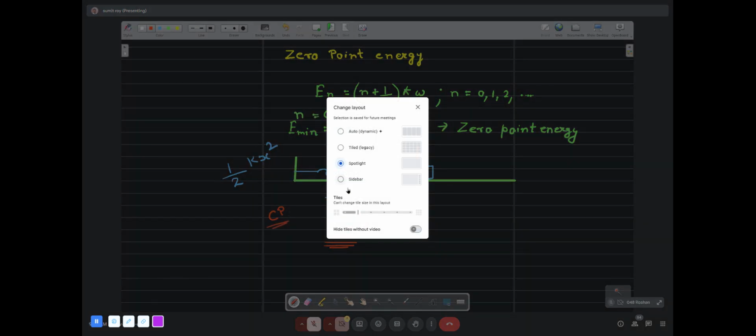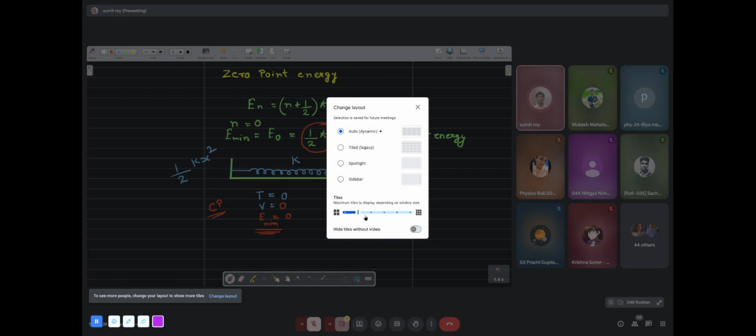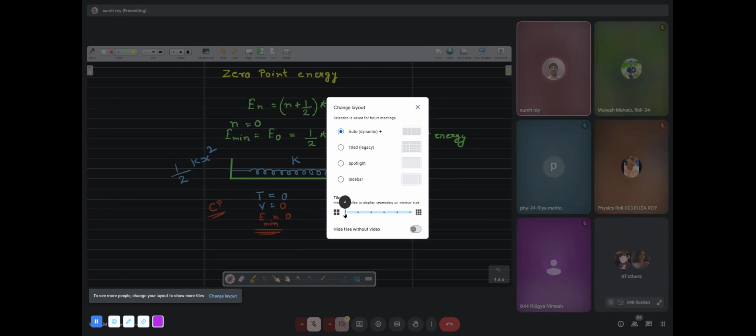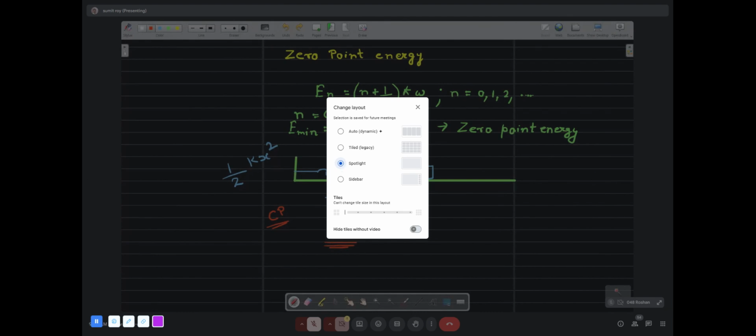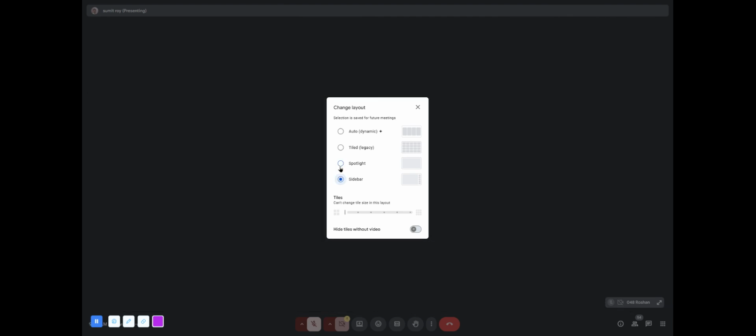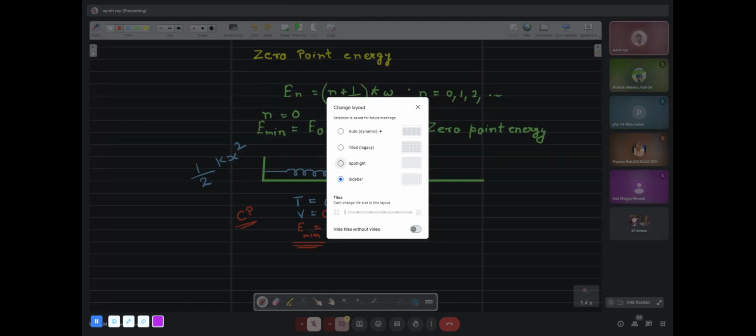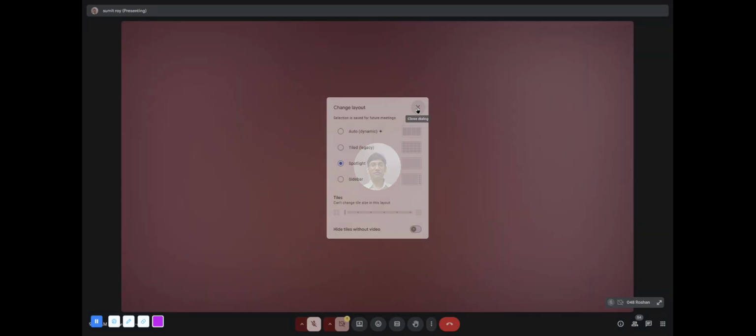But from the quantum perspective, the minimum energy the harmonic oscillator can possess is half h cut omega. I repeat the final line: the minimum energy which the particle can possess according to classical mechanics is 0, but the minimum energy which the oscillator can possess according to quantum mechanics is half h cut omega.